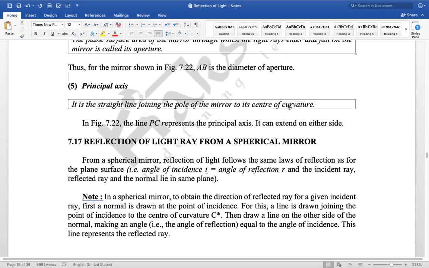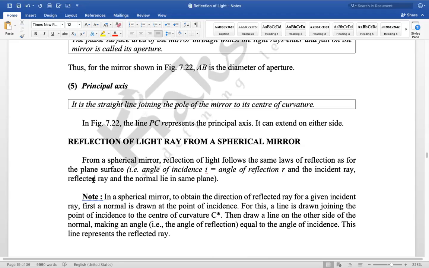Now reflection of light rays from a spherical mirror. From a spherical mirror, reflection of light follows the same laws of reflection as for the plane mirror.